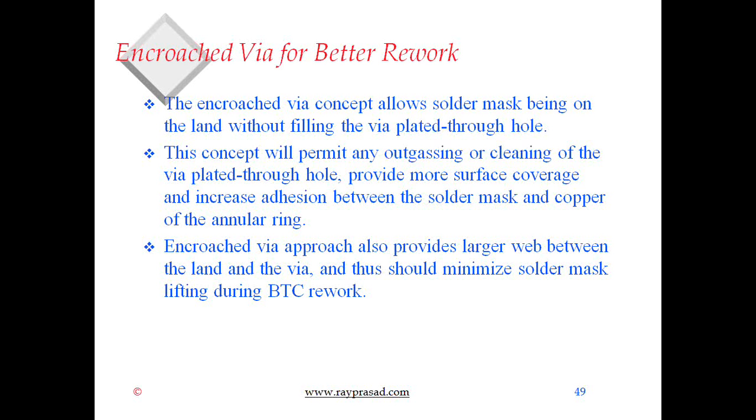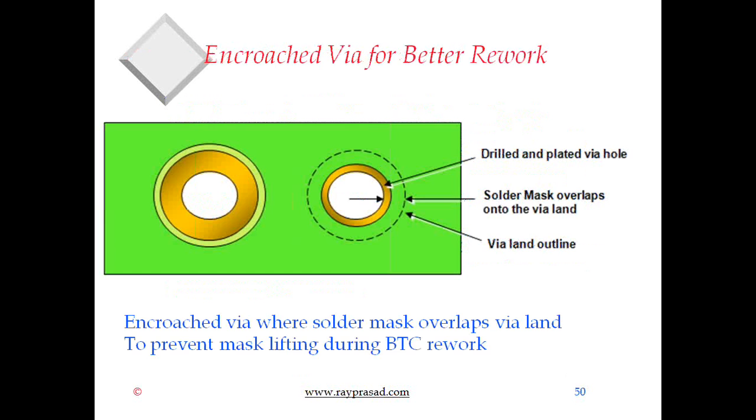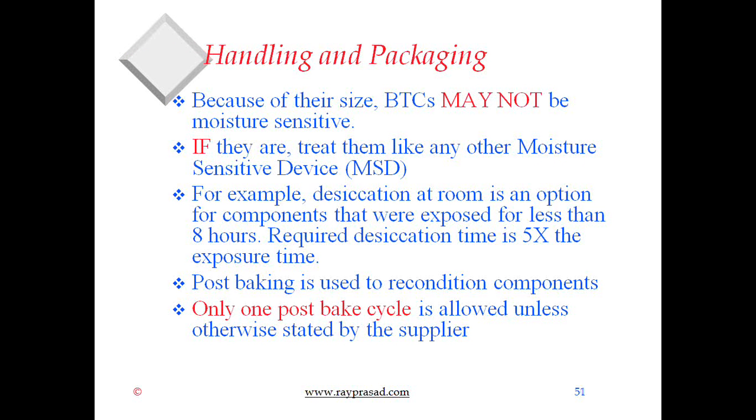And that encroached via also gives you a larger web between the land and the via, so that also minimizes the lifting. All those add up to the benefit, and that's a good approach.